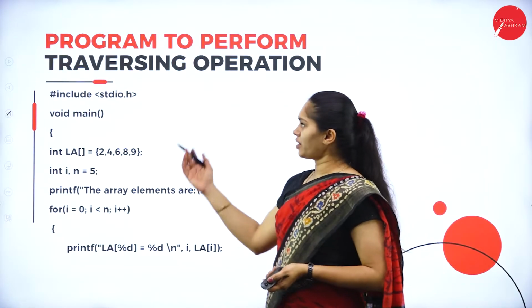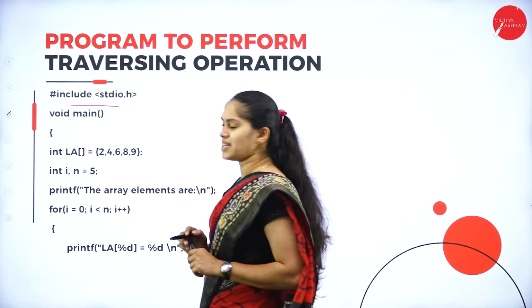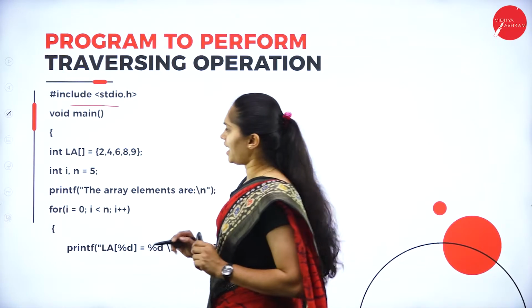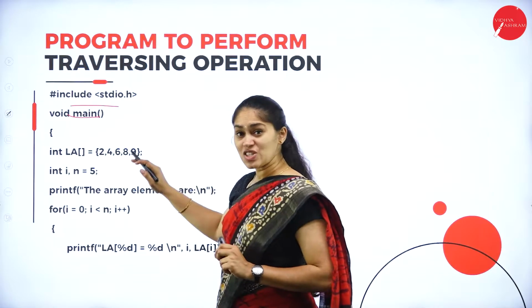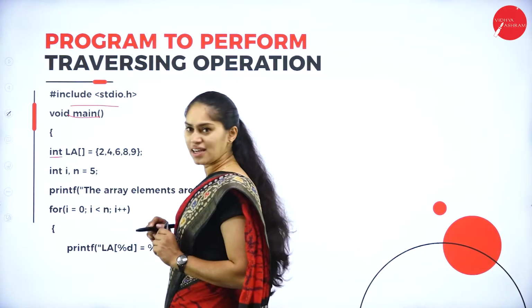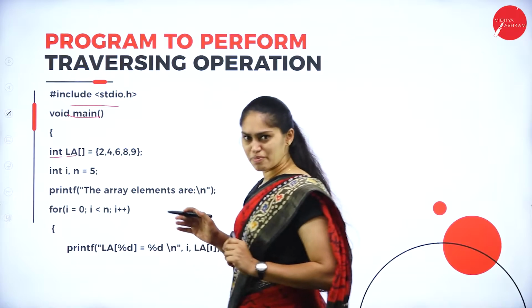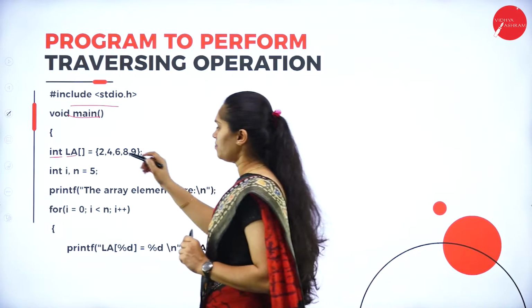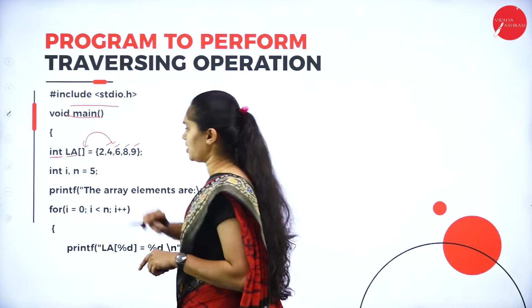Fine. So here you can see the program in order to perform the traversal. We include stdio.h, the header file. Then we have a main function and here we are initializing an array at the time of its declaration itself. int is the data type here and the name of the array is LA, and the size we are not specifying explicitly. Then however many elements we have, that size will automatically be assigned.